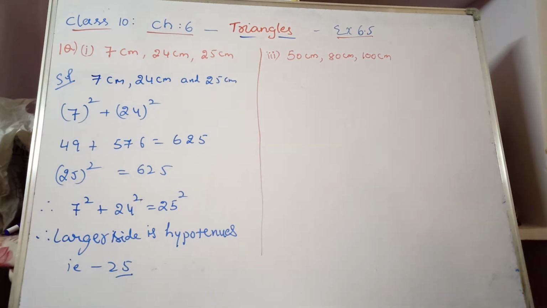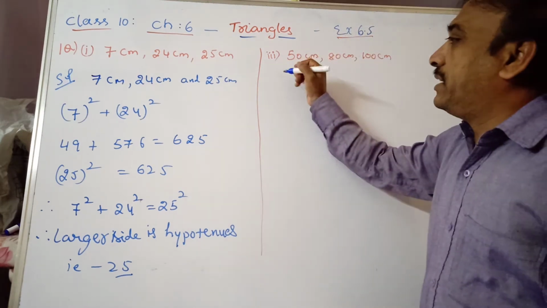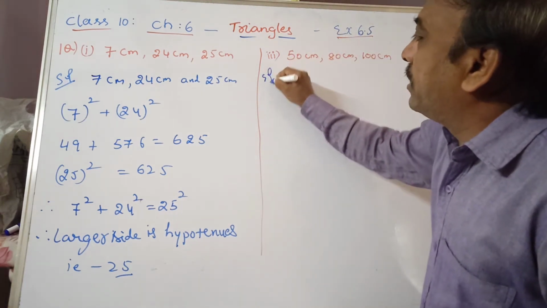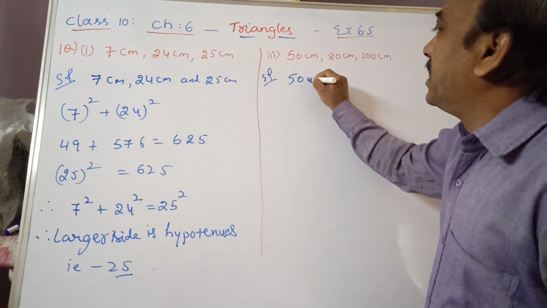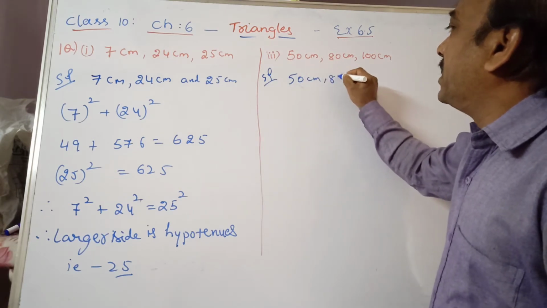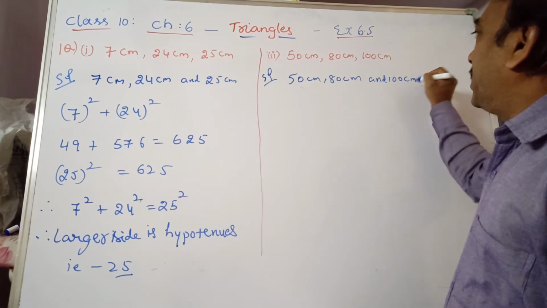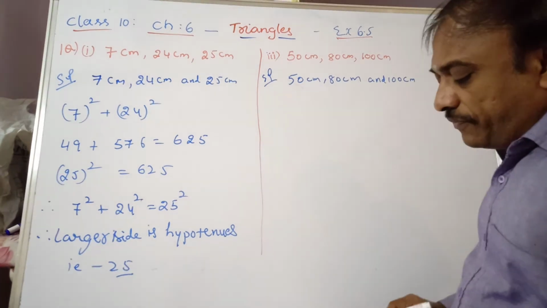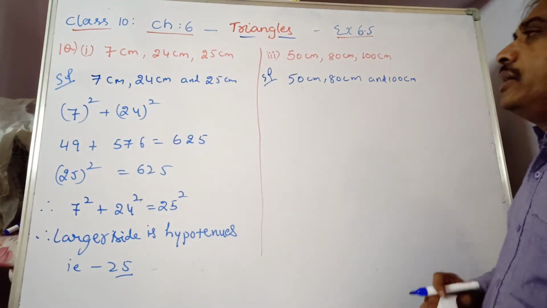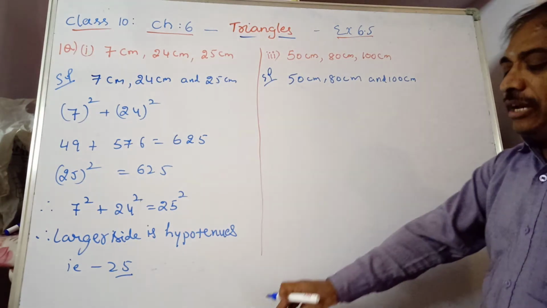Now let us see one more part in this, that is part number 3, solution. Given 50 centimeter, 80 centimeter and 100 centimeter. In this, 100 is the larger one.